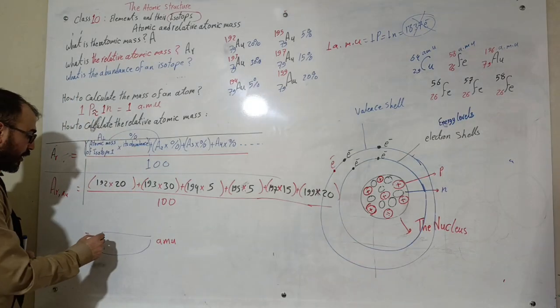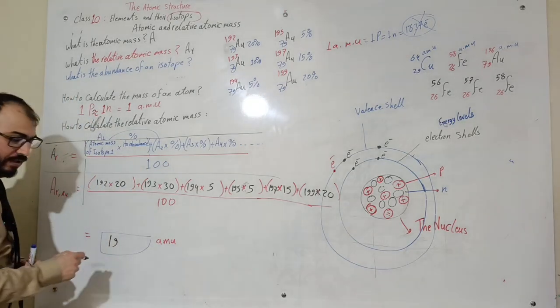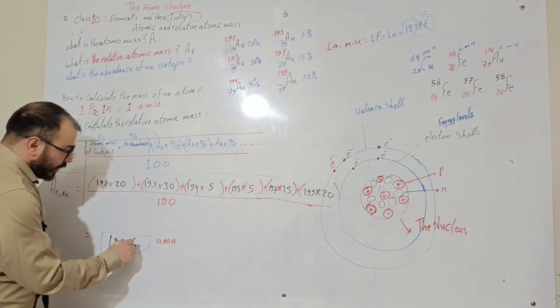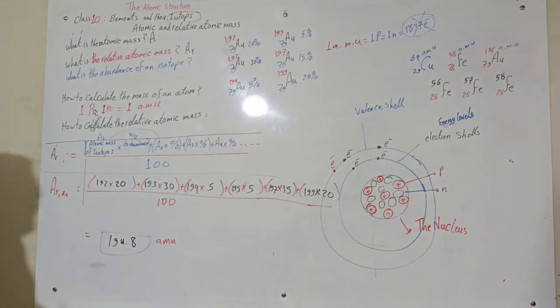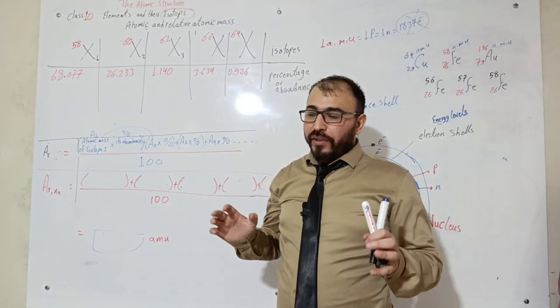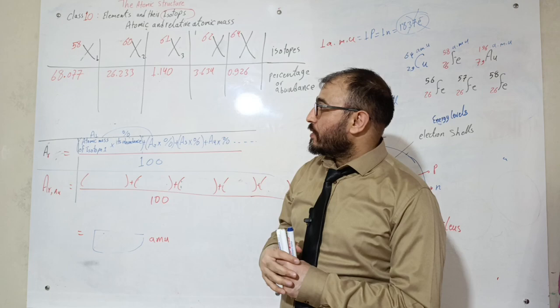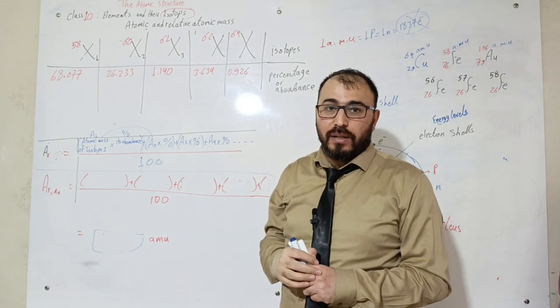So the answer is going to be 94.8 AMU. Now, my friends, let's answer a question that was given to my students in the British syllabuses.